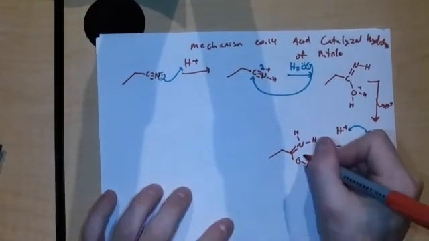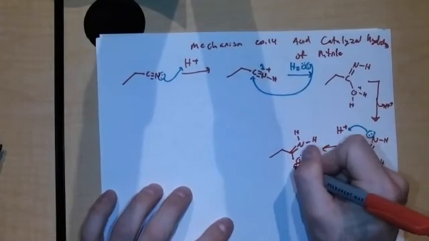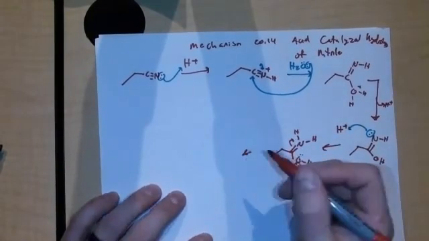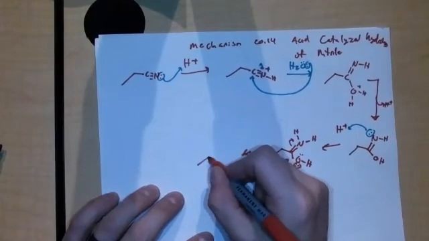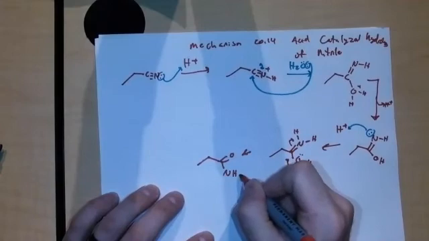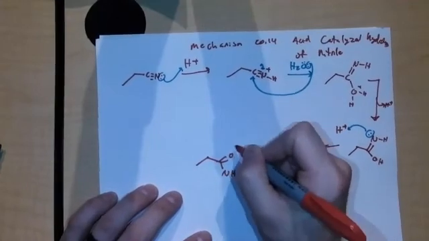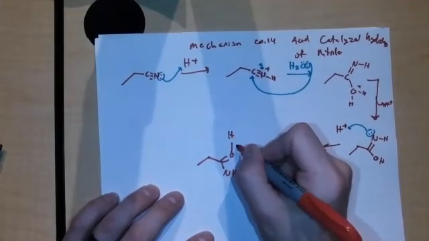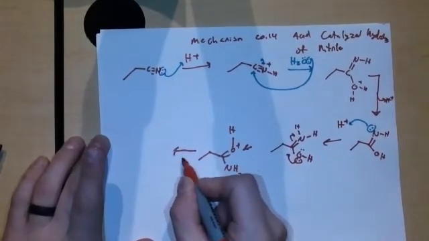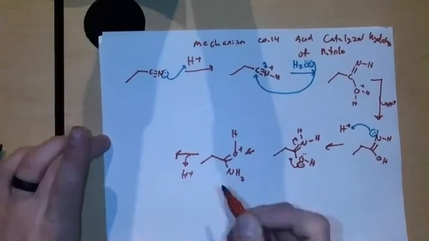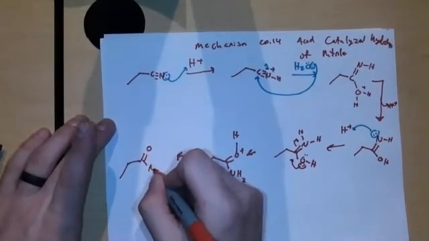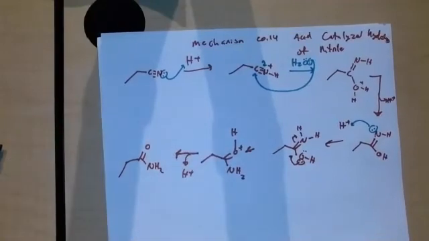So your oxygen is going to form a double bond. This is really just a resonance structure. Lose a proton off of that oxygen and form an amide.